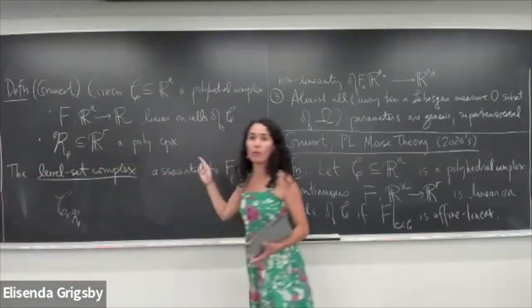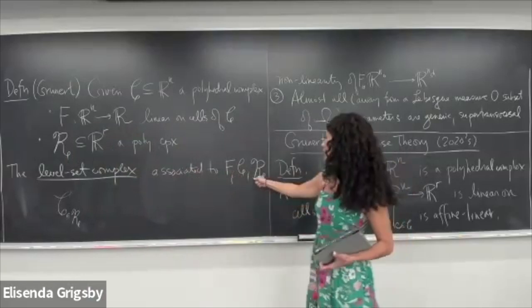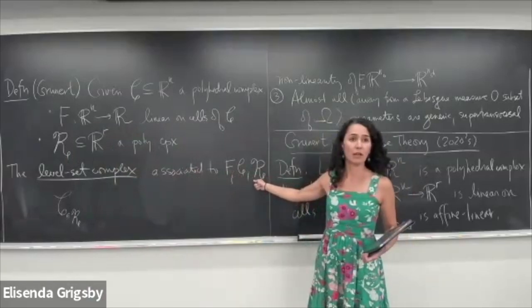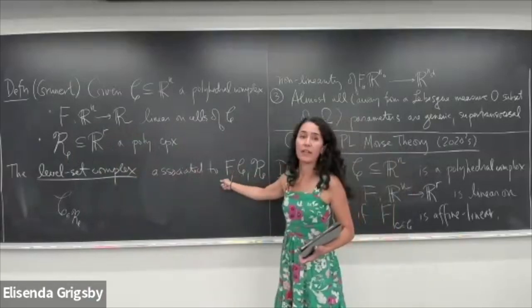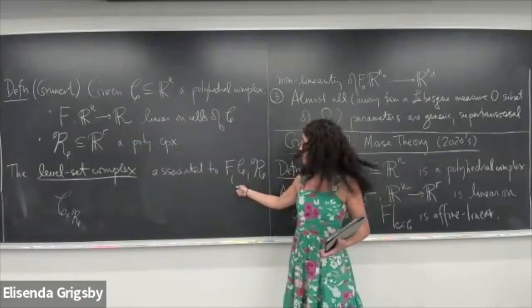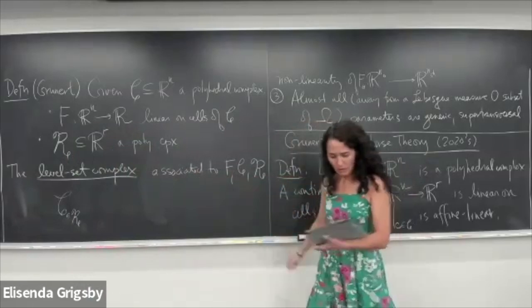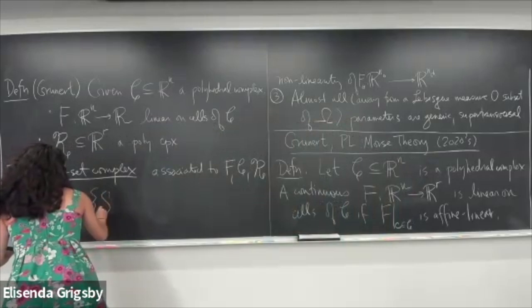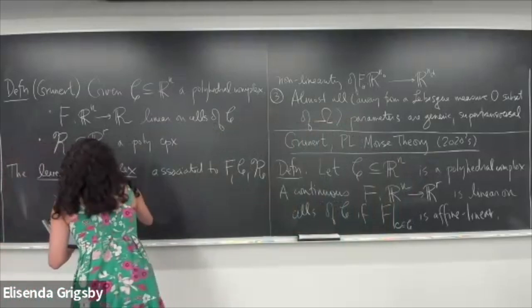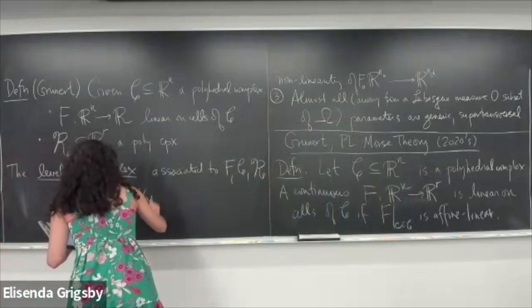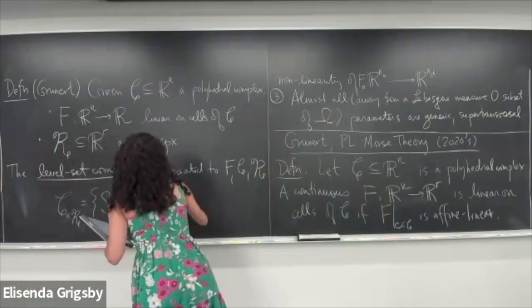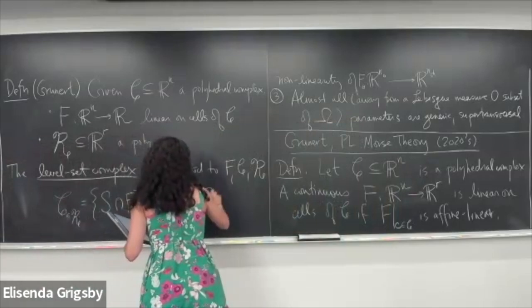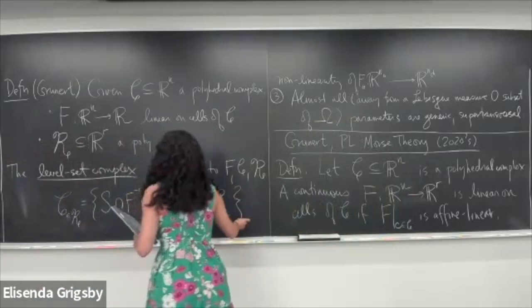You basically pull back the polyhedral sets in R, the cells in R, via F, and intersect them with the cells in C. Okay, so this is just the set of S intersect F inverse of Y, such that Y is a cell in R.